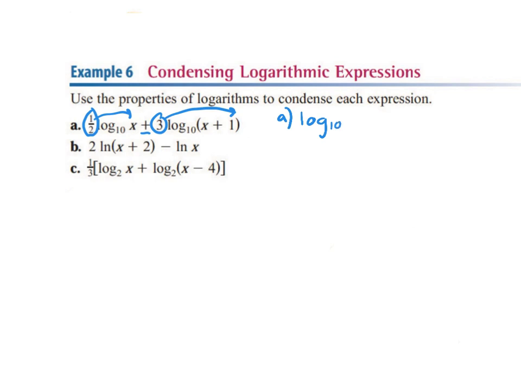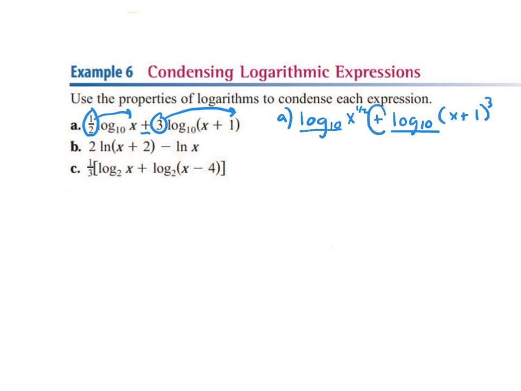So we have log base 10 of x to the 1/2 power, which we could put a square root, same thing as saying to the 1/2 power, plus log base 10 of (x plus 1) cubed. Now that we have the same log base 10, we can condense it even more.